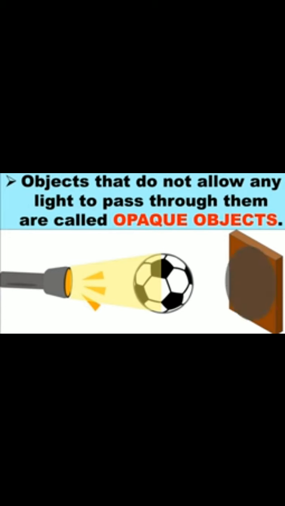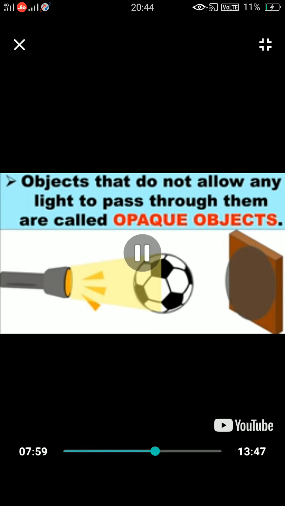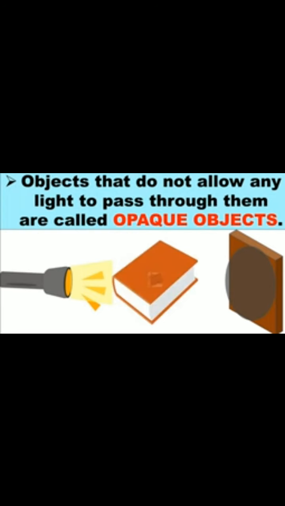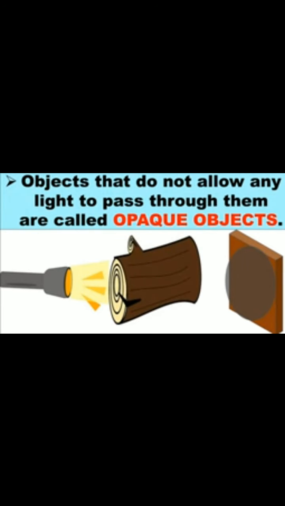So here what happened? A shadow is formed. So here who is blocking the path? That is the ball. So the things that do not allow light to pass are opaque objects. Examples may vary, like ball, book, wooden log, etc.